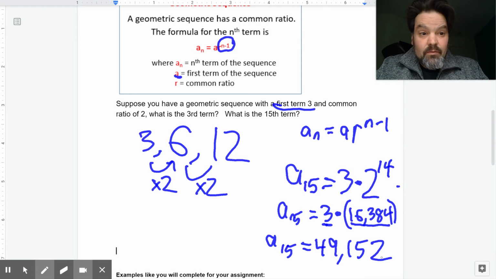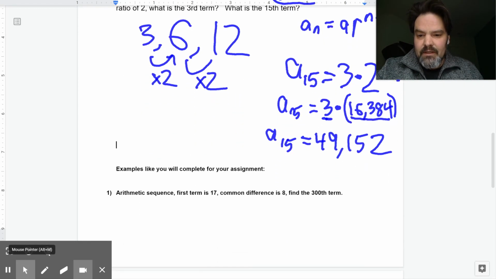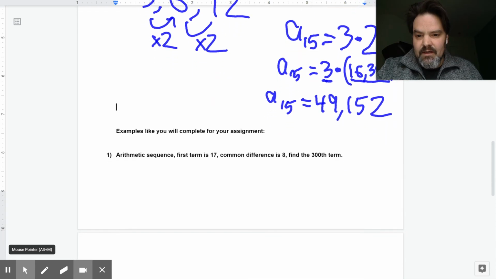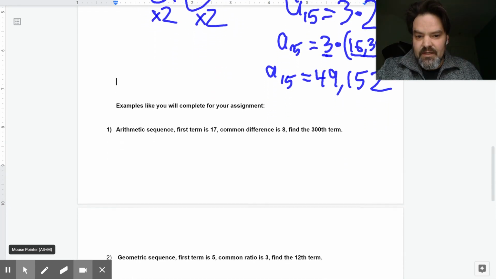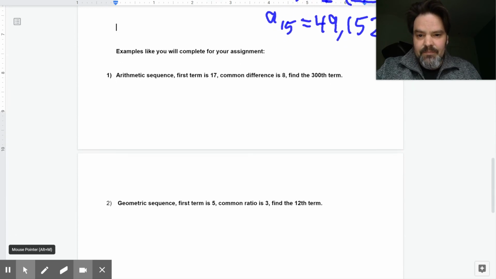So this is basically what you're going to be doing for the homework. I'm going to do a couple more examples here, which are almost exactly like what you're going to see for the homework. Okay, so you'll notice in these examples below, I tell you if it's an arithmetic or a geometric, the first term, and then either the common difference or the common ratio.